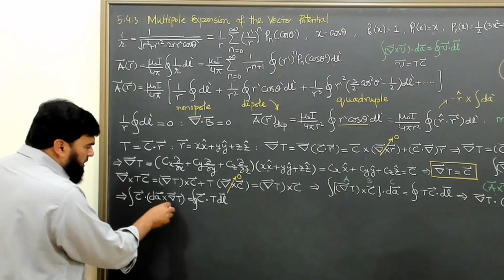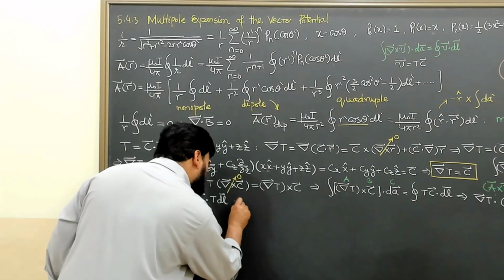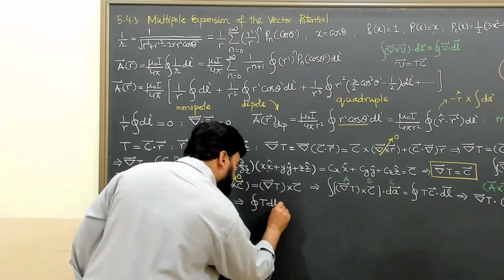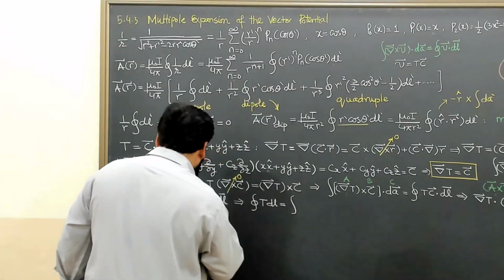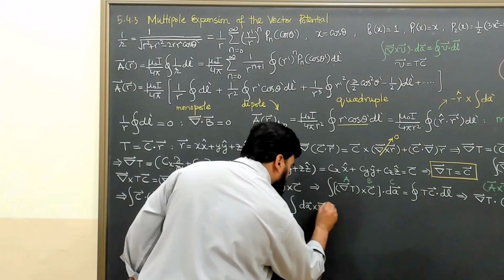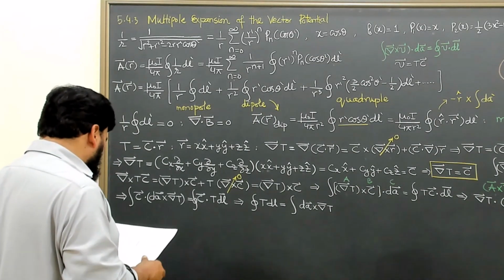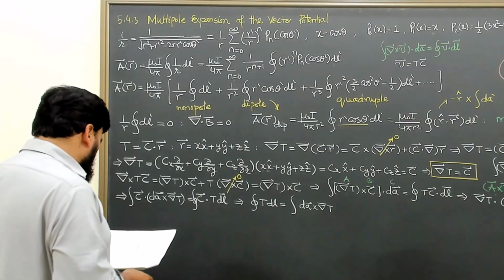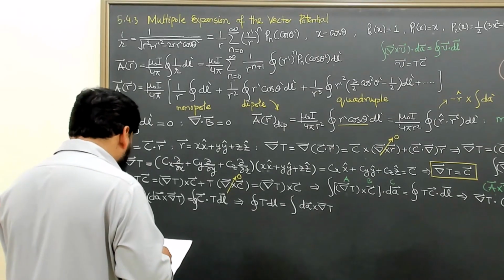Now C dot this is multiplied with C dot this, and this gives us the indication that the closed path integral of T dl is equal to the integral of dA cross gradient of T. So we have successfully incorporated dA here.